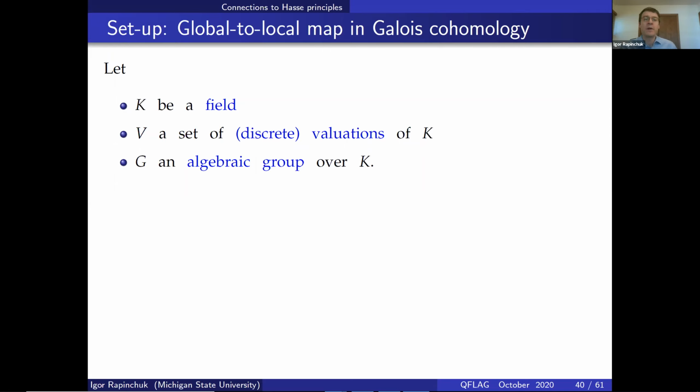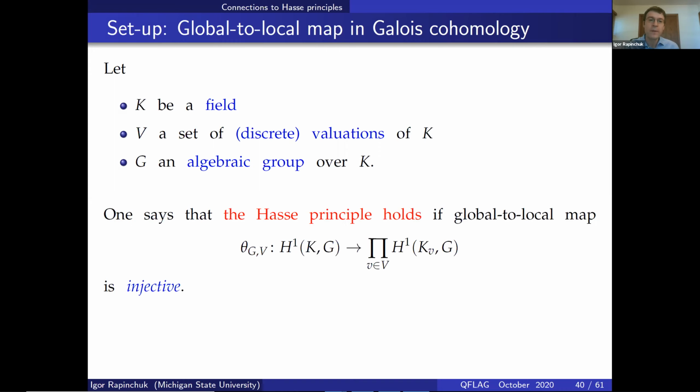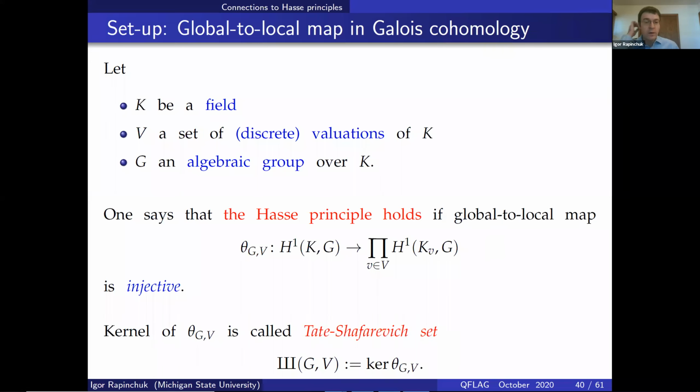And we have an algebraic group G over K. Then we have the usual global to local map in Galois cohomology. One says that the local global principle, or the Hasse principle, holds if this map is injective. And furthermore, one defines the corresponding Tate-Shafarevich set to be the kernel of this map.